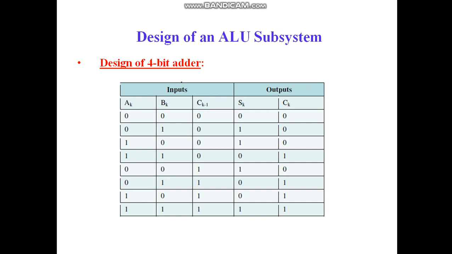Here we see that when Ak is not equal to Bk, then Ck is the same as the previous stage, that is Ck-1. So we can conclude that when Ak is equal to Bk, Ck is equal to Ak or Bk, and when Ak is not equal to Bk, Ck is the same as Ck-1.